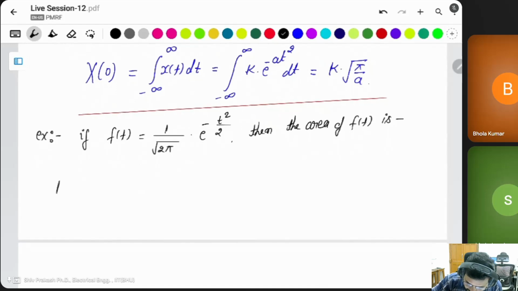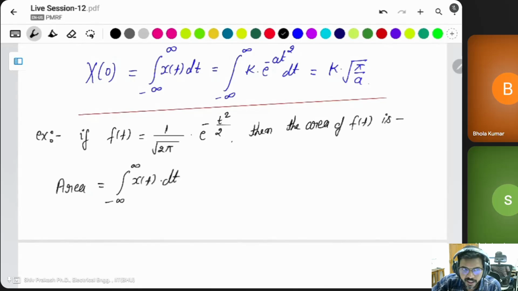You know about the area, simply in simple integration. A single integration of any function gives the area of that function. This will be the integral from minus infinity to infinity of x(t) dt.